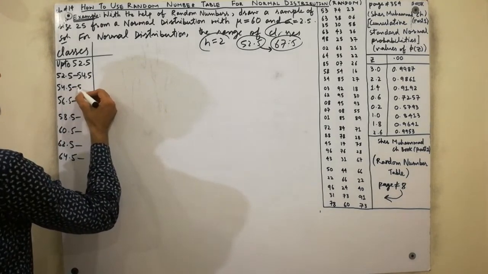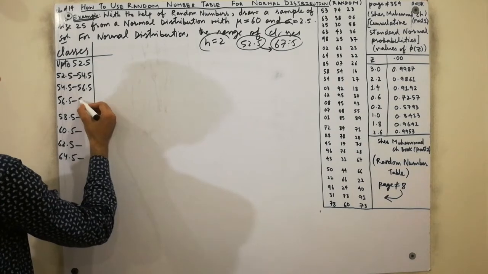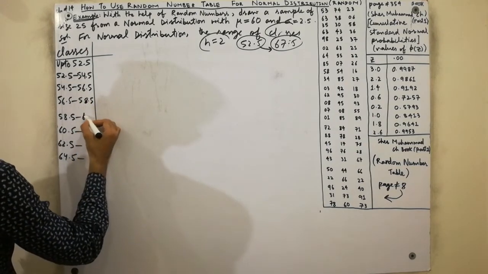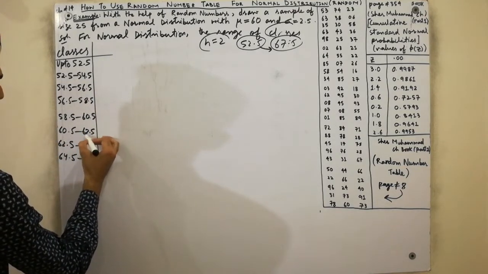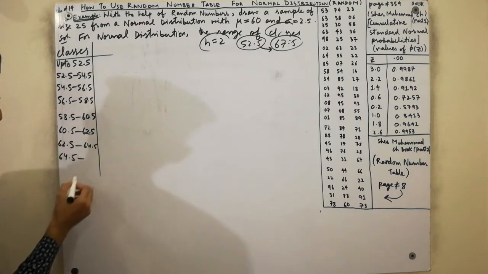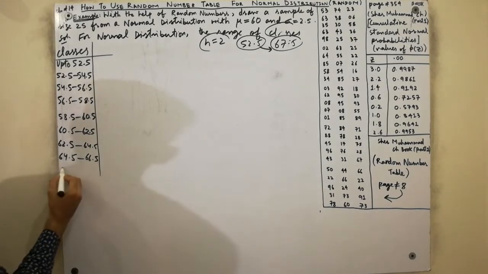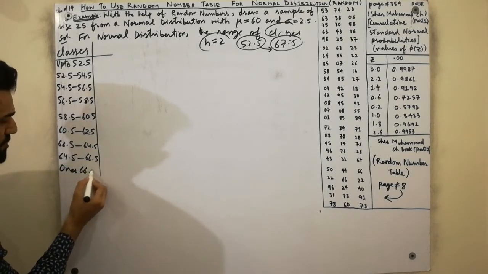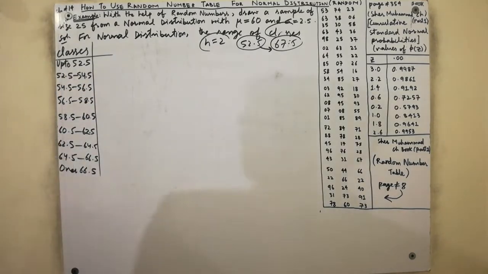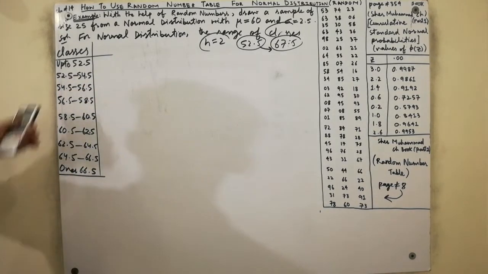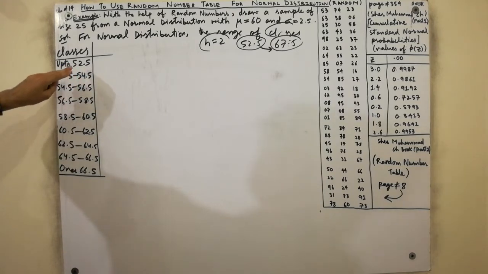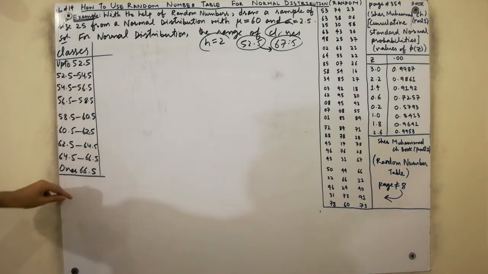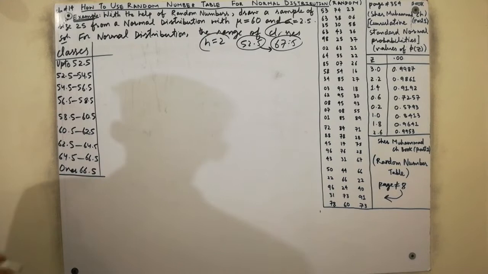Next 56.5, 58.5, 60.5, 62.5, 64.5, and 66.5. The last value is 66.5, which is approximately 67.5. First put the lower value 52.5, then add 2 class intervals each time, up to 66.5. Very simple step.